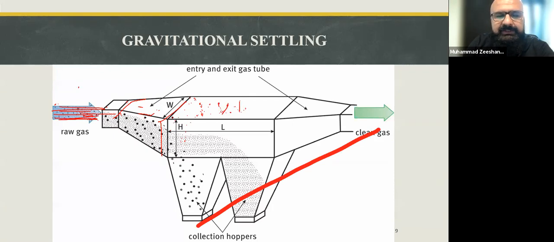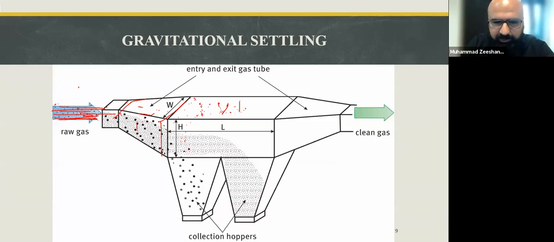And that decrease in velocity helps the particulate matter in the gas settle down. Because particulate matter is heavier than gas molecules, the heavier PM settles down and the gaseous molecules just pass through the settling chamber and are collected on the other end. So on the other end of the settling chamber, we get relatively clean gas.